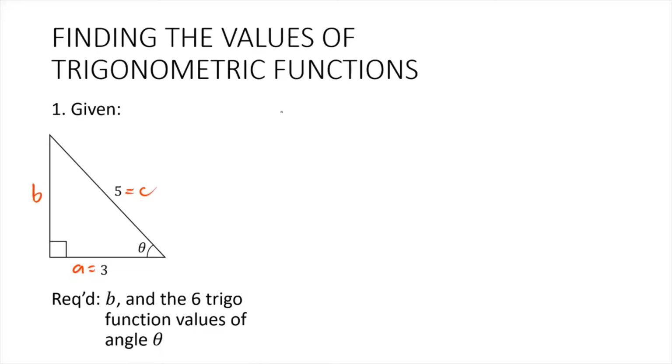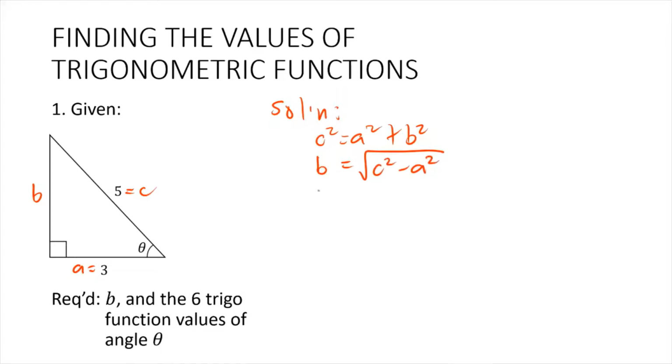So first, let's solve for the missing side. To solve for the missing side, we need the Pythagorean theorem. So we have c squared equals a squared plus b squared. Isolating b, we get b equals the square root of c squared minus a squared.